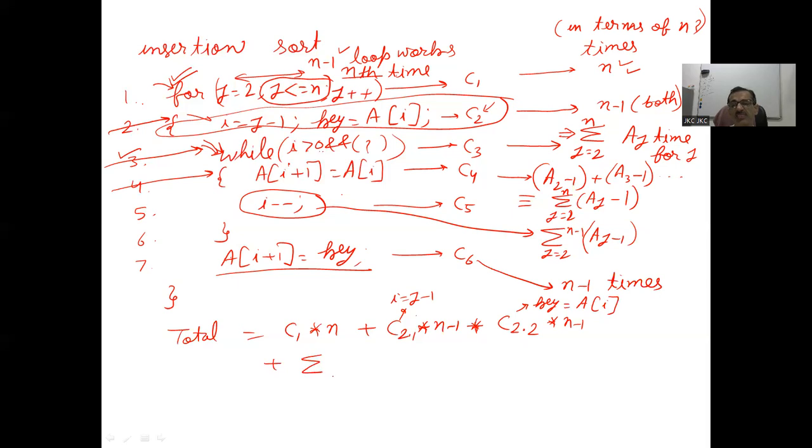Plus C3 into summation of j equal to 2 to n of aj, plus C4 into summation of j equal to 2 to n of aj minus 1, not minus here.